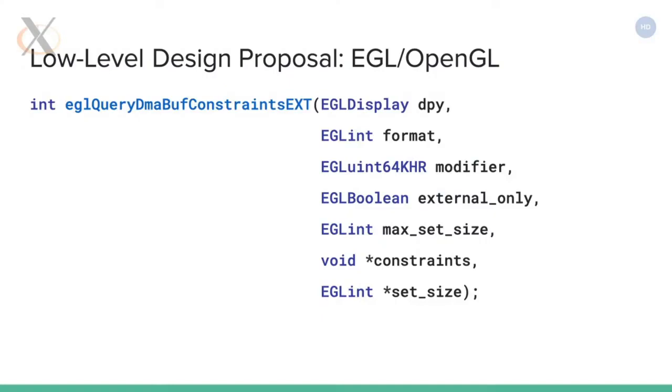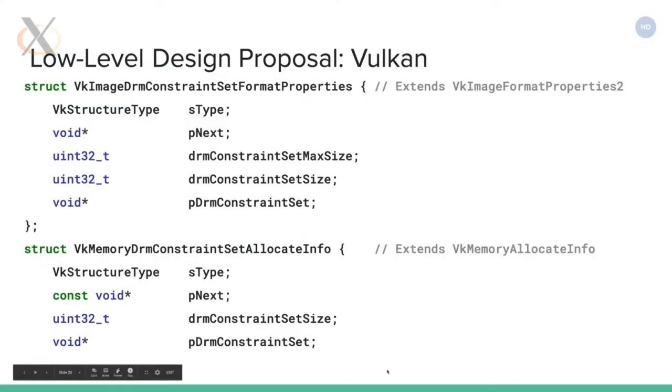but with all of these inputs, the entry point could output a constraint set for this usage. Like usual for Vulkan, it's a little more complicated there. The one line of code becomes several.